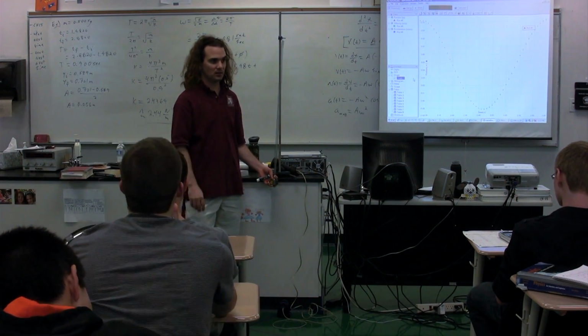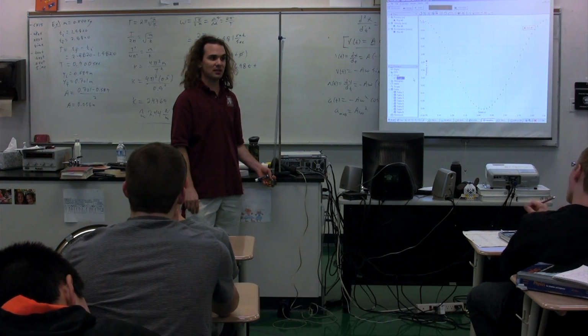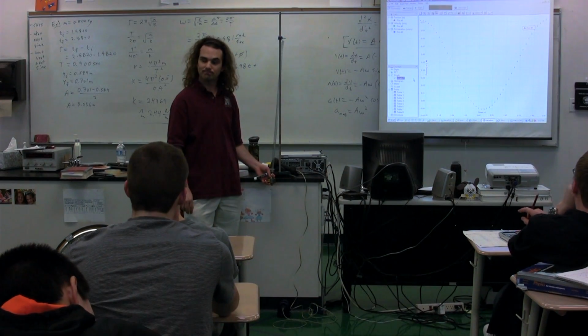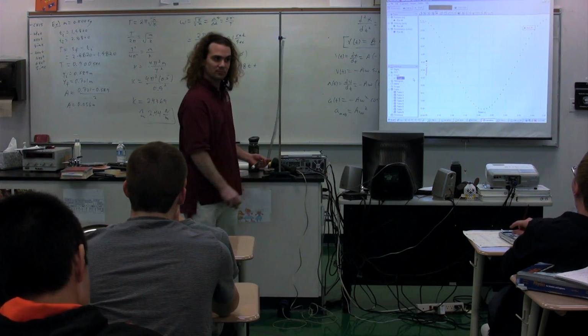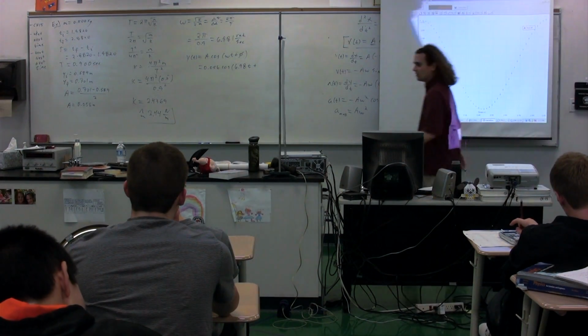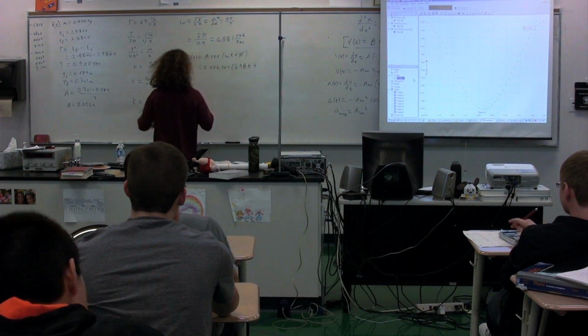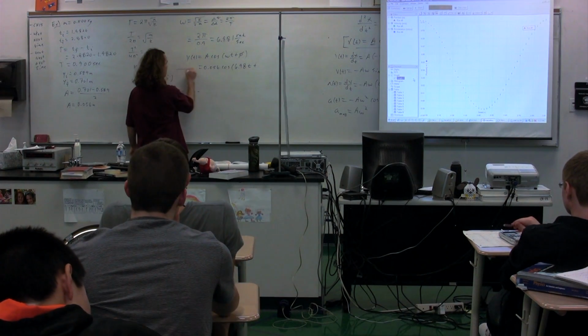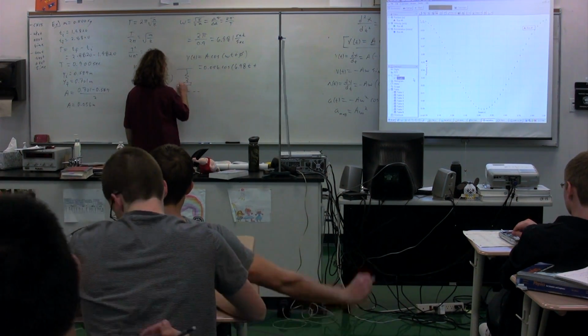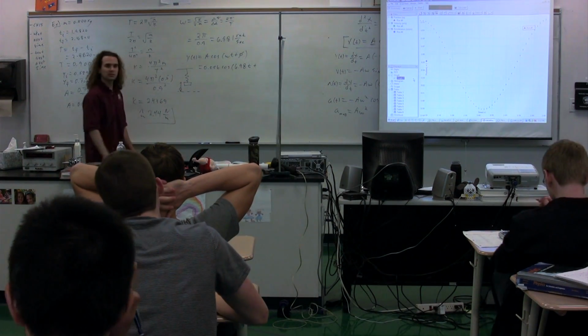Vasily. Actually, not negative pi over 2. Think of your cosine wave. Here's the equilibrium position, and I have the object located at the amplitude above the equilibrium position.